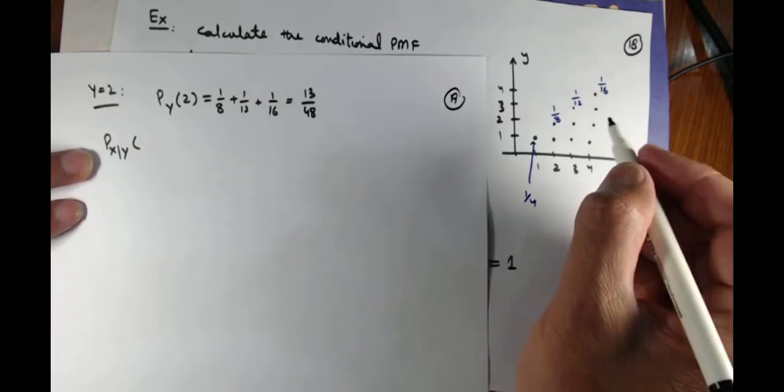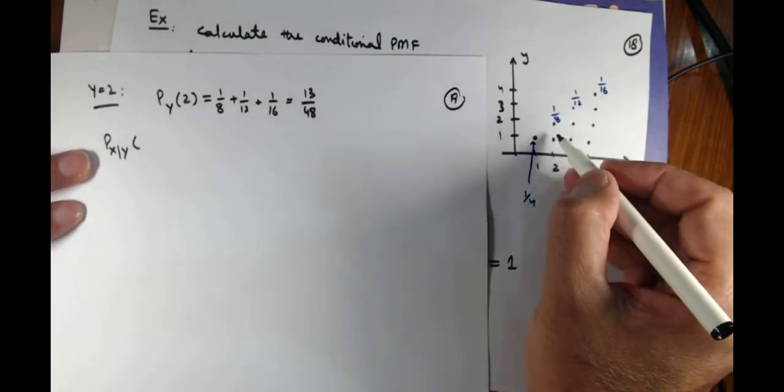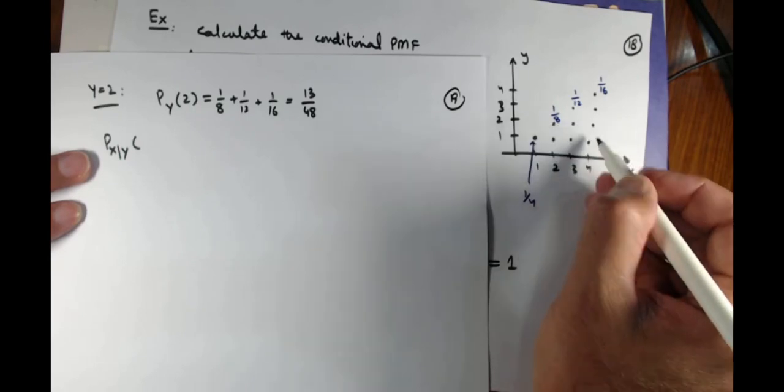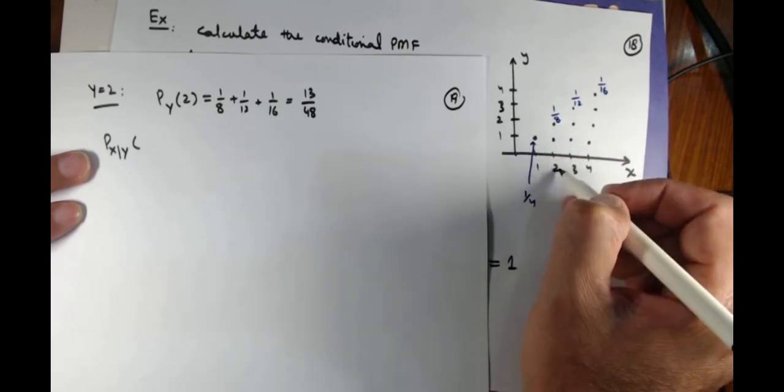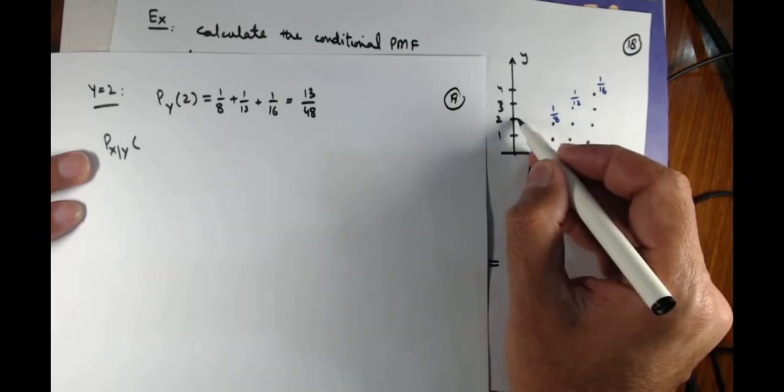Now we find P sub X given Y. You see this Y is equal to 2 is basically intersecting with X is equal to 2, X is equal to 3 and X is equal to 4. X is equal to 2 here, X is equal to 3 here and X is equal to 4 here, intersecting with Y is equal to 2.